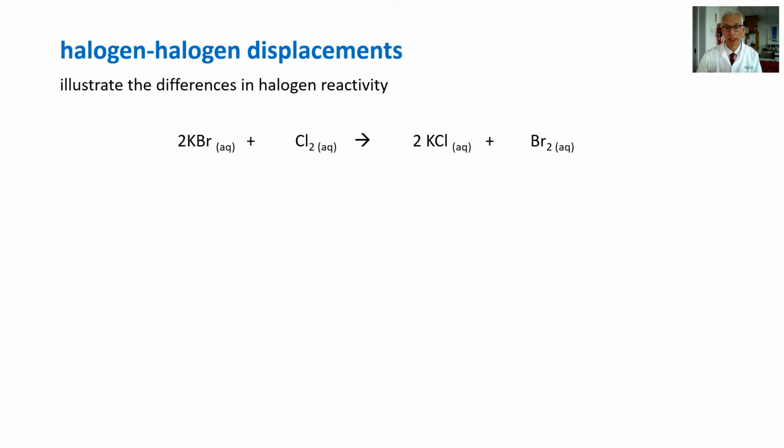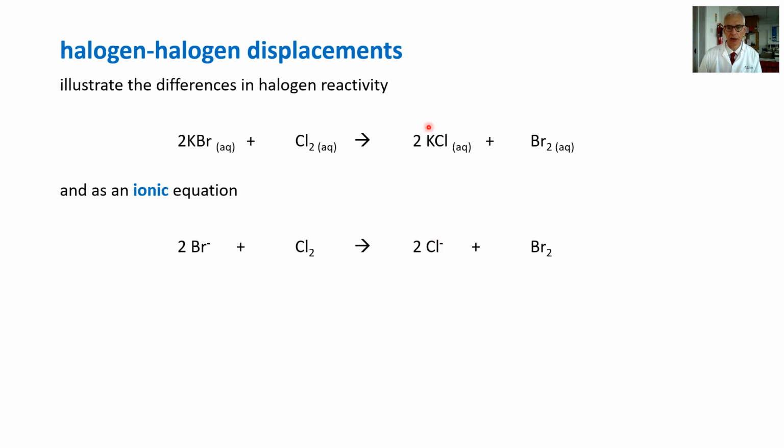Could you rewrite that equation in the form of an ionic equation? Pause the video, come back to check your answer. Here is the correct ionic equation. Two bromide ions form bromine molecules, chlorine forms two chloride ions. What's happened to the potassium?